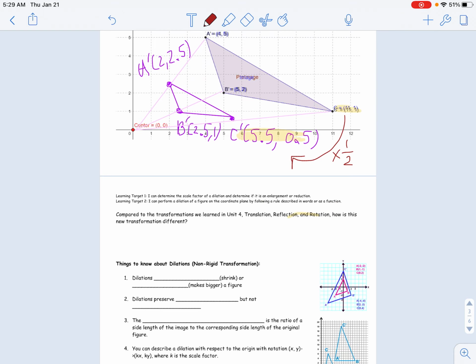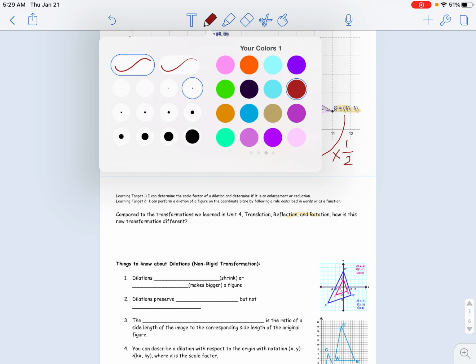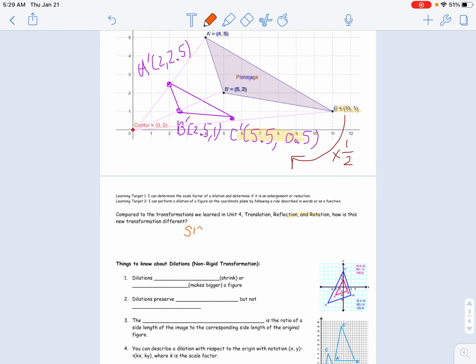Compared to the transformations we learned in Unit 4, translation, reflection, and rotation, how is this new transformation different? Side lengths change. It doesn't preserve side lengths anymore.